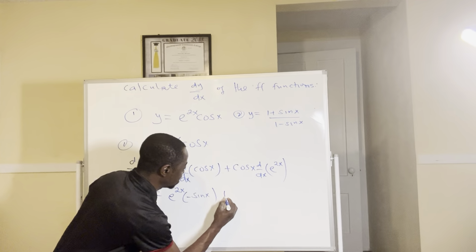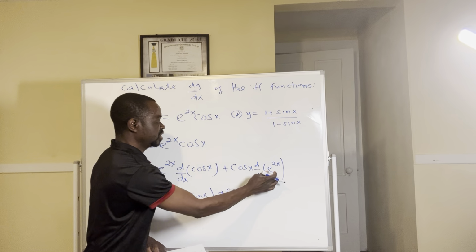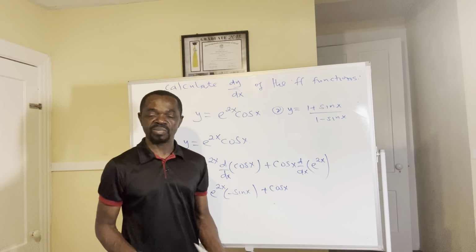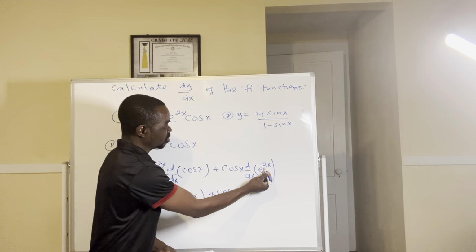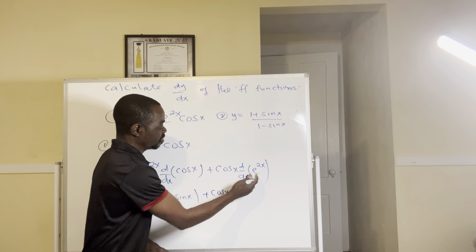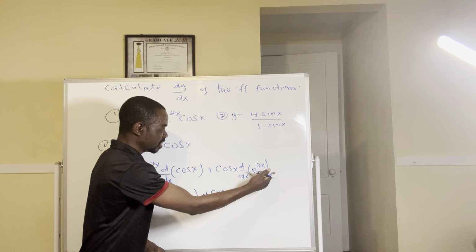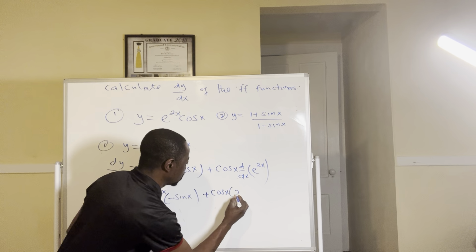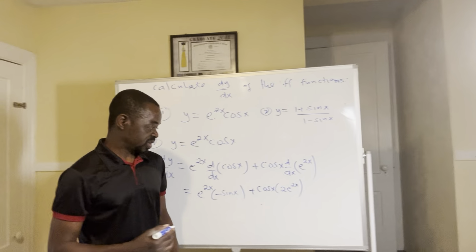Then this is plus cos of x. Then we differentiate this guy, which is where we apply our exponential rule. First of all, you multiply by the constant term, which here is 2. So you bring down the 2 to multiply, giving 2e to the power 2x.